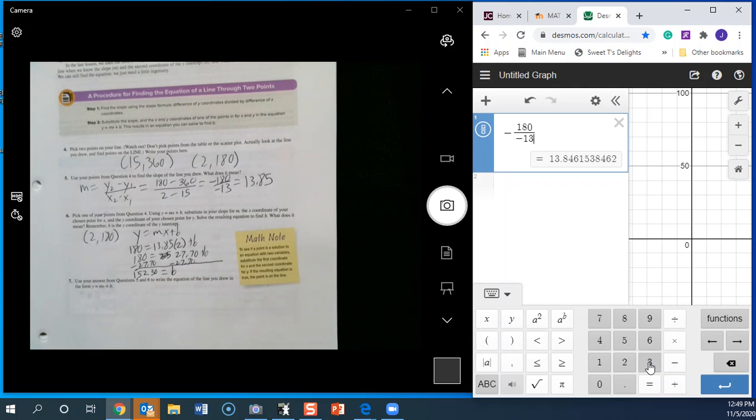So now they ask us to solve the resultant equation to find b. We did that. What does it mean? Remember, b is the y coordinate of the y-intercept.